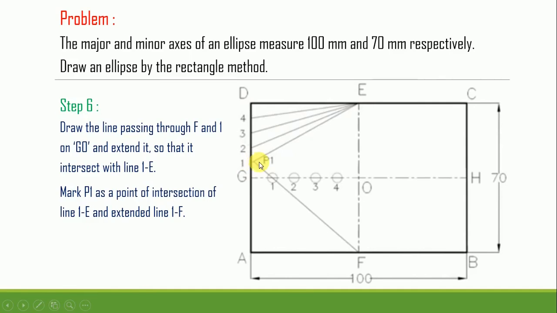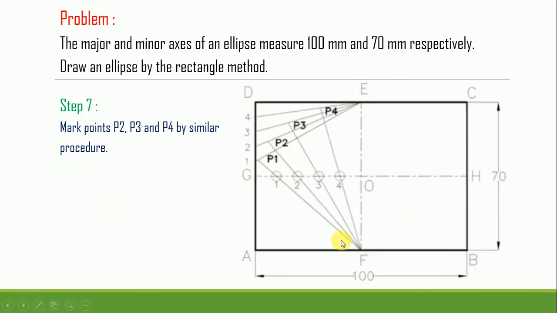Now the same process you have to repeat for the next 3 points, that is points 2, 3, and 4, to obtain the points P2, P3, and P4. So here you can see I draw a line from point F that passes through point 2, and it extends further till the line 2E, and that intersection gives us the point P2.